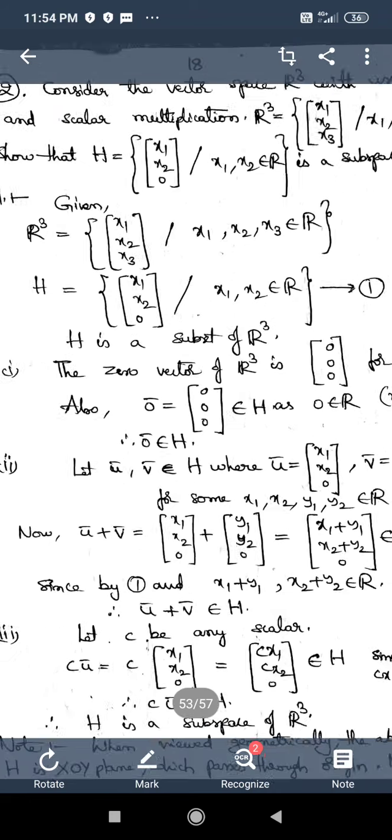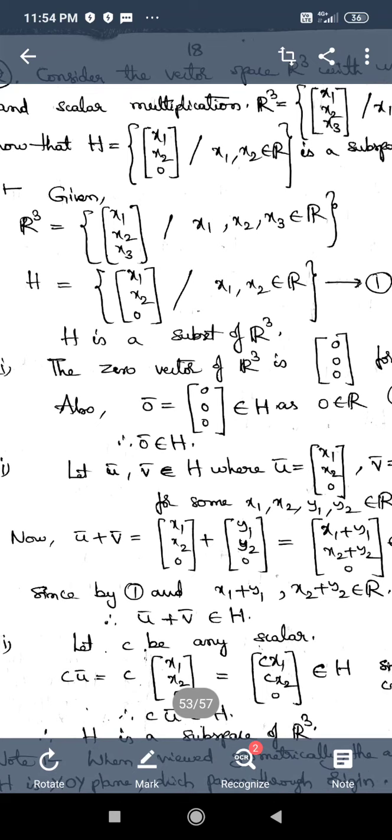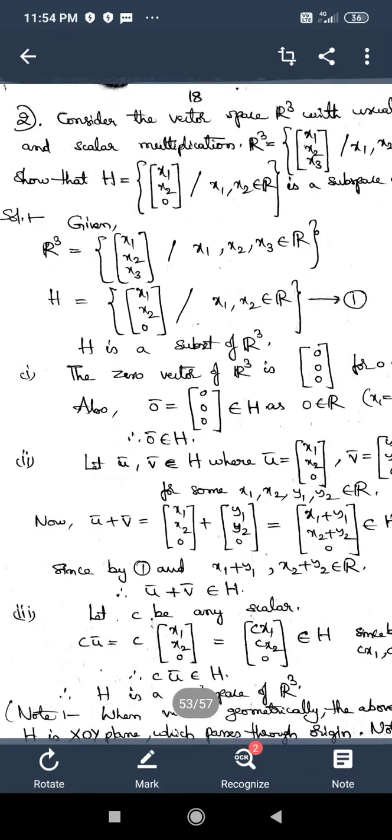Now consider the set H. H is equal to the set of x1, x2, 0 such that x1, x2 belongs to R. That means x1, x2 are real numbers.